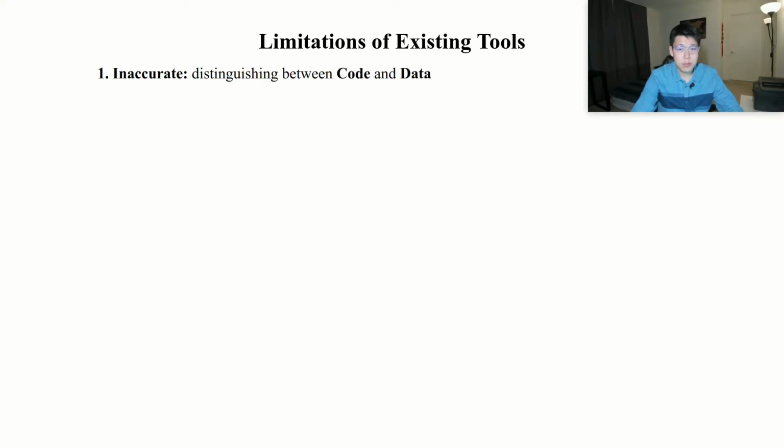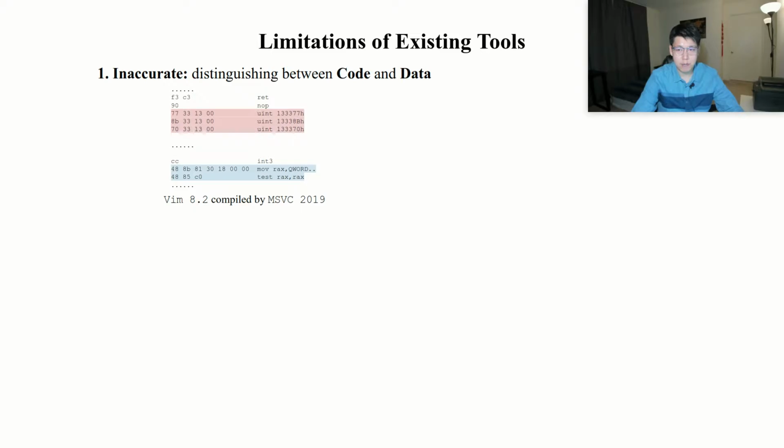The first well-known limitation is that they are not accurate, especially when the binary is compiled by certain compilers that further complicate the disassembly. Consider the following binary code extracted from Vim 8.2 compiled by MSVC 2019. The ground truth disassembled assembly instructions are shown side by side.